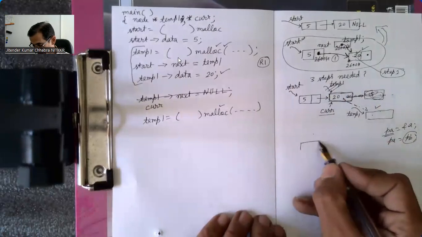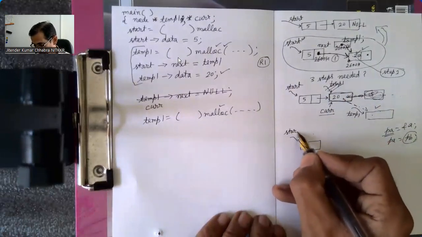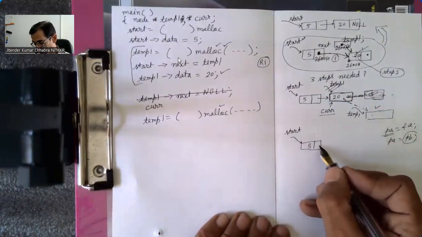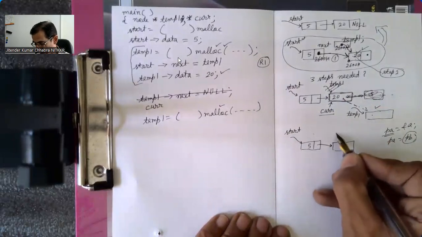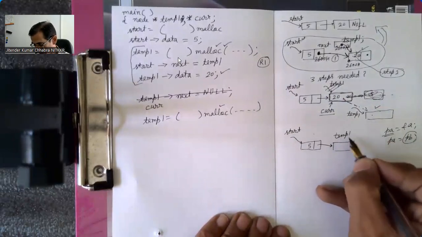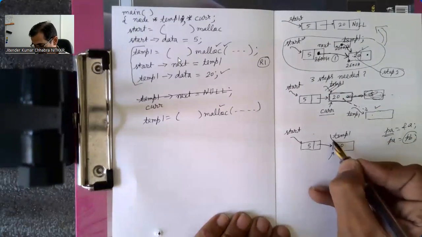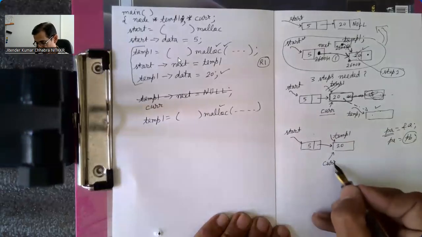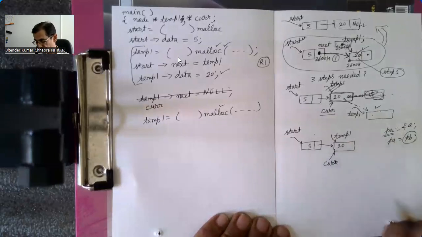So at present, I have start, which is always here. Start, I am not shifting, because once the list is ready, start must remain here. So start is never to be shifted. I had temp1 here and 20 here. Now current also points to this node itself. Current, this node, always means the starting address of this box.